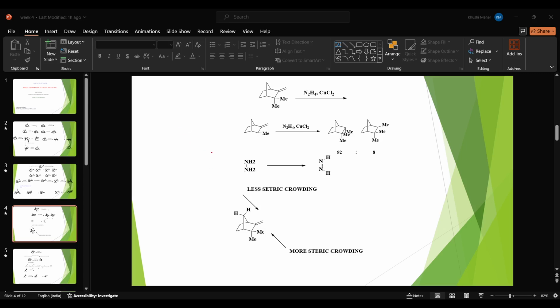If you attack from the above face, from this face, it will cause more steric hindrance with both gem dimethyl groups. That's why it has to come from the other face. To show the 3D model, that is not possible in writing.